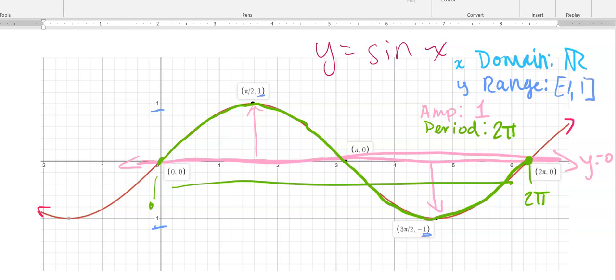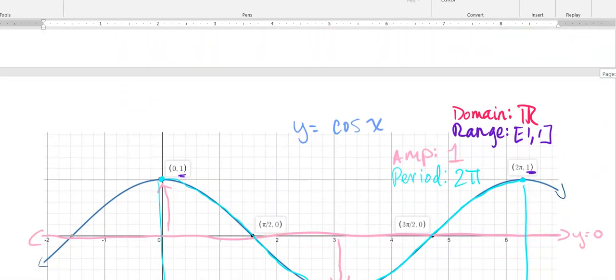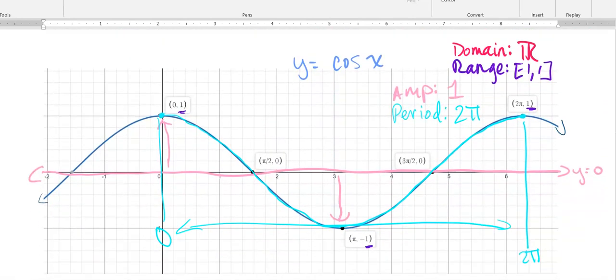So remember that the sine function is following the y values of the unit circle, whereas our cosine function down here, this one's following the x values of the unit circle.